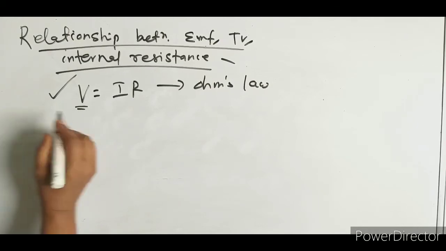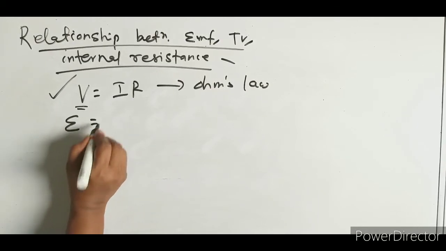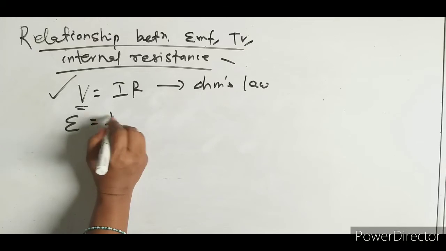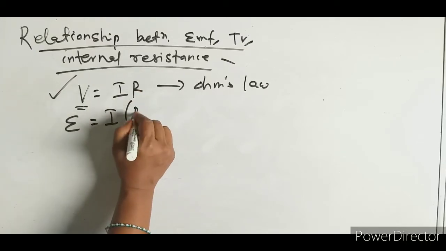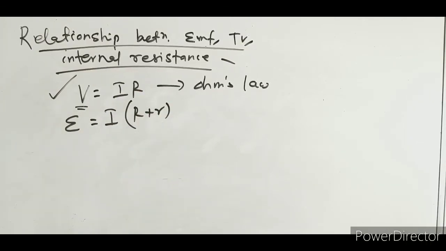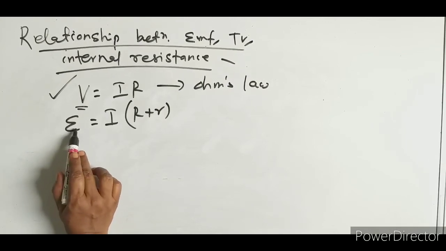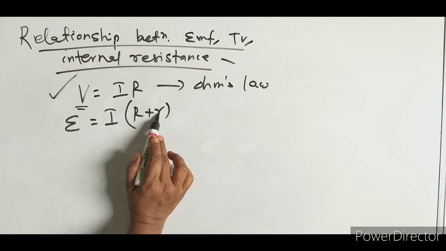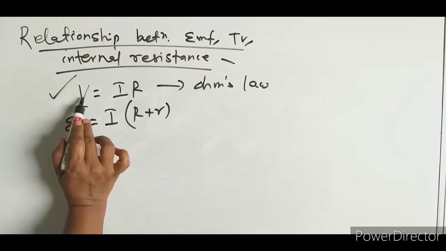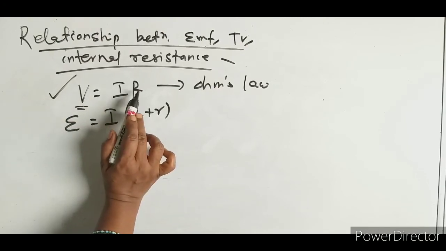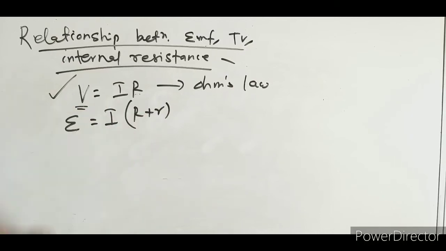So I had told you earlier also, this one will be E, I will be same here, and resistance will be R plus small r. One thing remember, whenever we are getting EMF, in that case we will get small r. When we get terminal voltage, there is no internal resistance, only outer resistance. If you remember this, you can easily solve numericals.